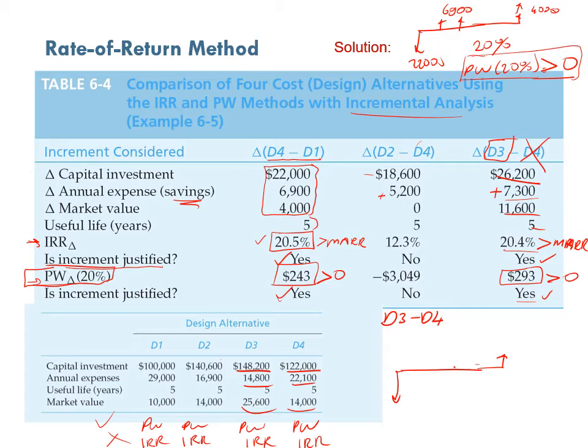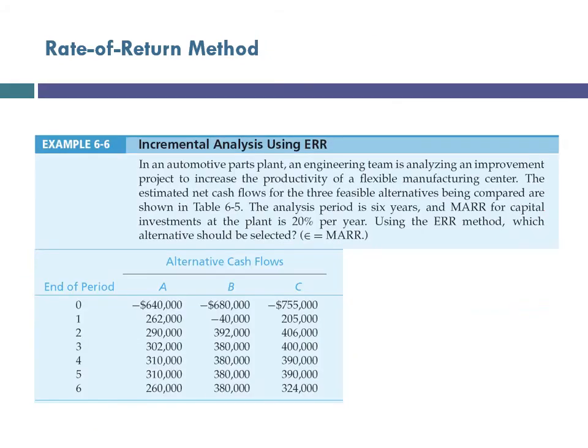And since there are no other remaining projects, D3 is the selected project. D3 is the best project. What does it mean? The present worth of this D3 is the highest. Okay, so this is how we use incremental analysis on cost-only projects.